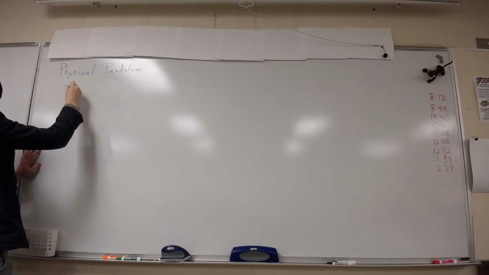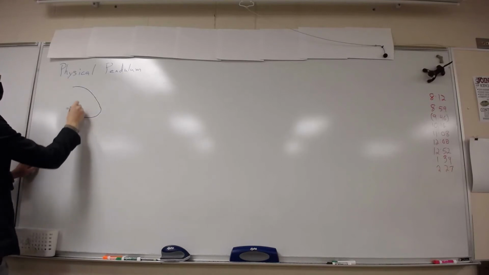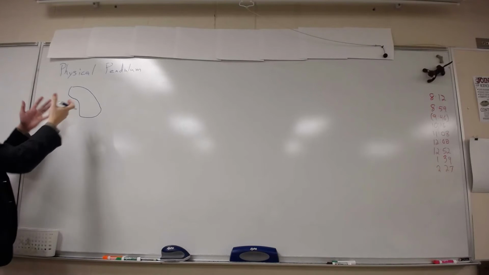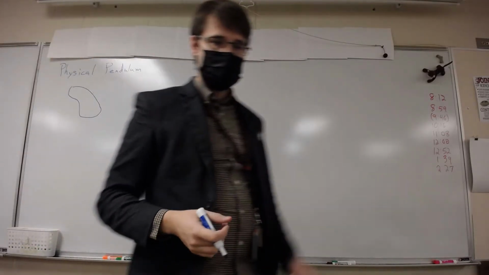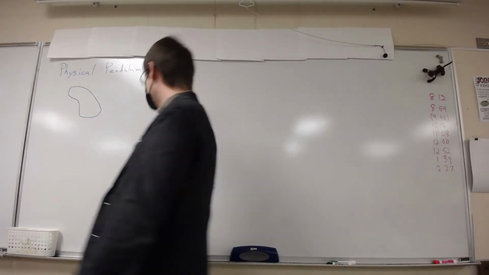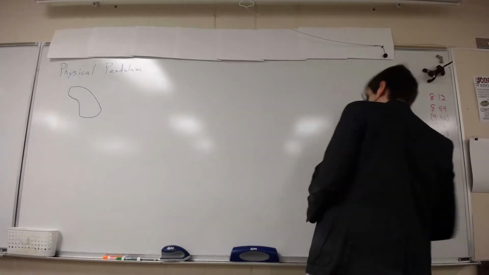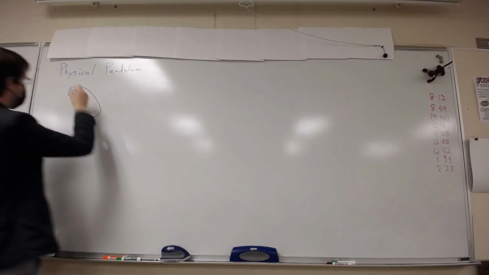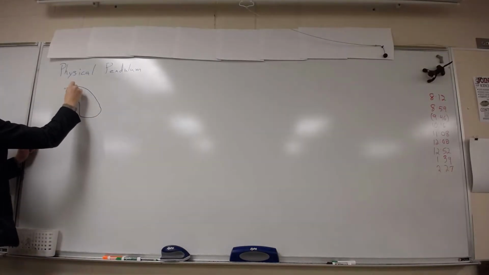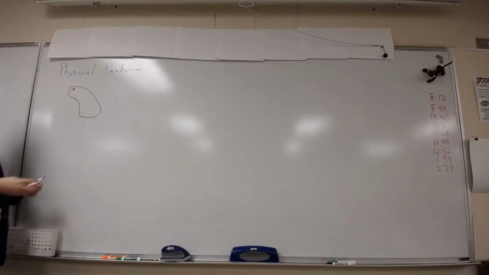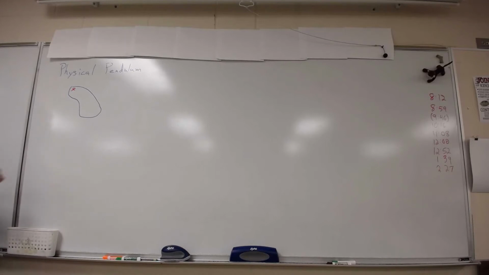So we'll start off by looking at some sort of blob-like object like this. And let's say that we have it rotating about a point here. We'll say that we want it to rotate about a point right there. This is going to be our axis of rotation.